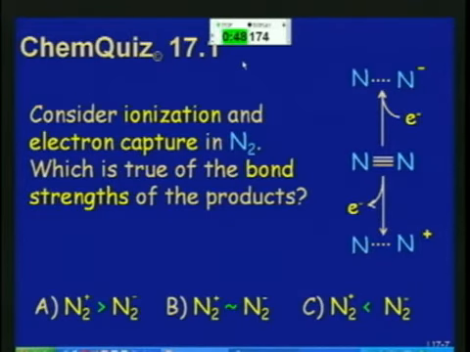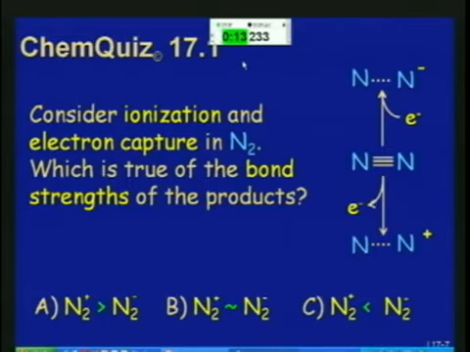The bond order of this is 3, isn't it? Now you take one away. What's the bond order? 5 minus, divided by 2. And you add 1 here. So you have 5 minus 1, no, 6 minus 1 divided by 2. What is it?